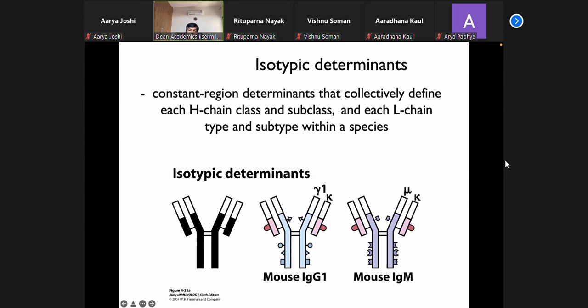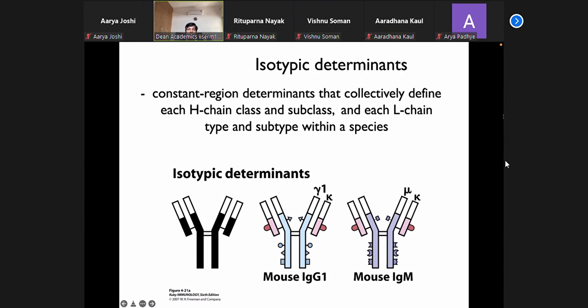If you compare, let's say, an IgG molecule and an IgM molecule, these are unique epitopes present in the constant region. Let's say if this is the kappa chain, and this is also the kappa chain, you have the same antigenic determinant here. But gamma 1 and mu are different chains, so the epitopes contributed by the usage of amino acids in this region are going to be different.